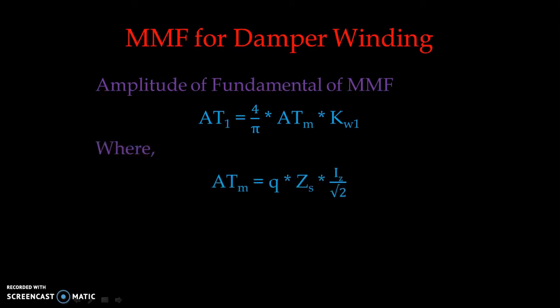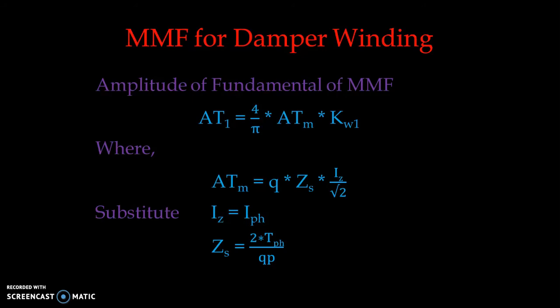Suppose we substitute the value of ATM, as we have just derived the equation for ATM, and that is Q, number of slots per pole per phase, multiplied by Zs and multiplied by Iz divided by root 2. Still, if we substitute values for Iz, that is I phase, and Zs, that is 2 multiplied by total number of turns per phase divided by Q divided by P.